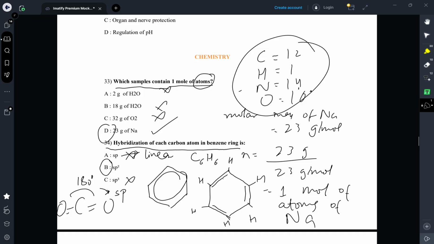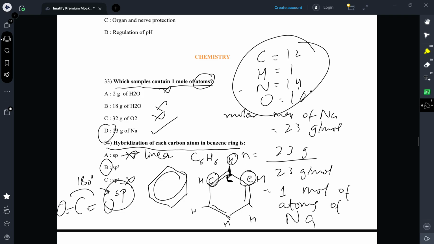For this one you just have to memorize. Whenever there is a linear molecule with 180-degree angle, the hybridization is sp, because carbon is bonded with two other atoms. Here, if you look at one carbon, it is bonded to hydrogen and two other carbons, so in total it is bonded to 3 atoms.